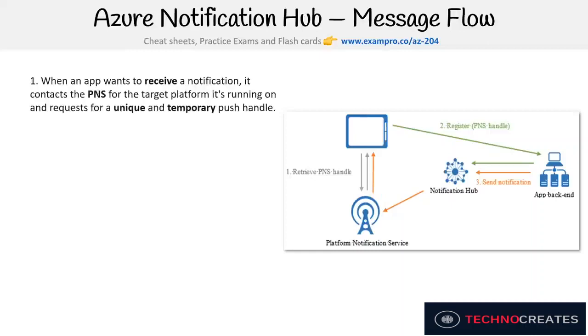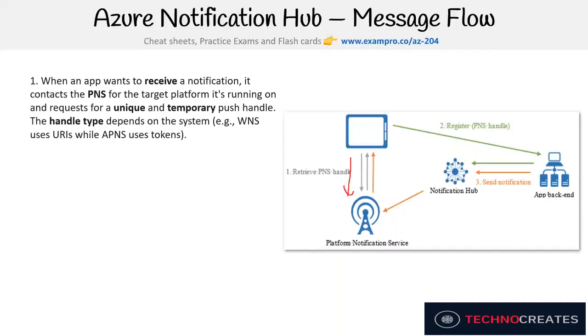So the idea is that your app says, hey, I want to subscribe to push notifications. So it sends a request to your platform notification service, and it's going to get back a handle. That handle is going to vary. So if you're using Windows notification service, you get back a URL, a URI. And for Apple's, you're going to get back a token. So then you have to store that token into your application. So it comes back to your phone, your tablet, whatever.